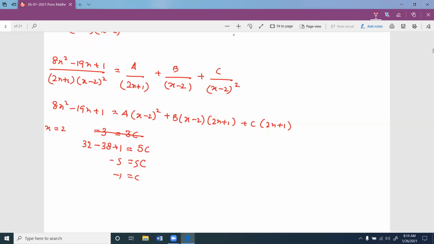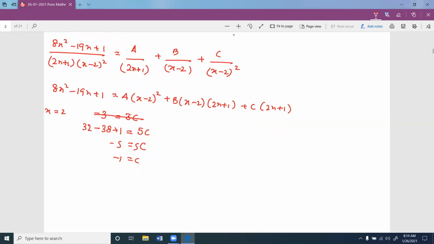Then to find the value of A, we'll try to make x equal to half. If I make x equal to half, you can cancel these two terms. Therefore, 8 into 1/4 turns out to be 2, minus 19 over 2, plus 1.